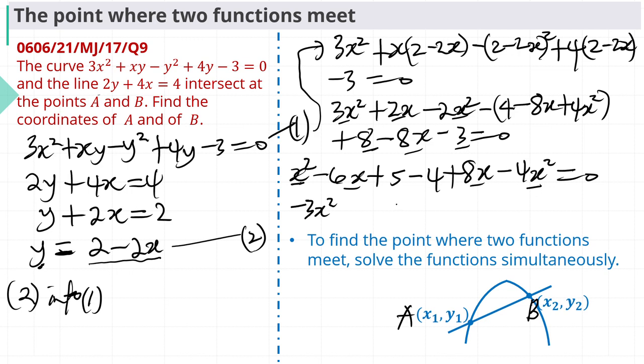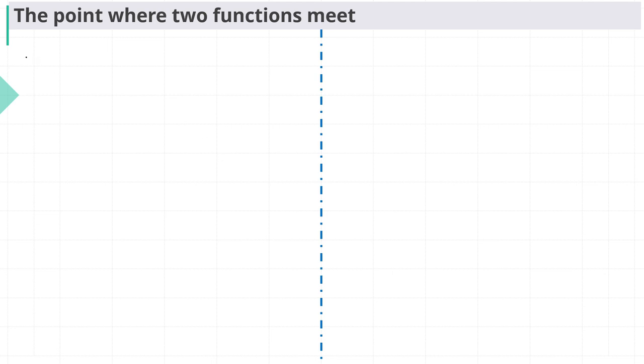Minus 6s plus 8s gives us plus 2s. 5 minus 4 gives us plus 1, now equals 0. Minus 3s² plus 2s plus 1 equals 0 is the quadratic equation to be solved.